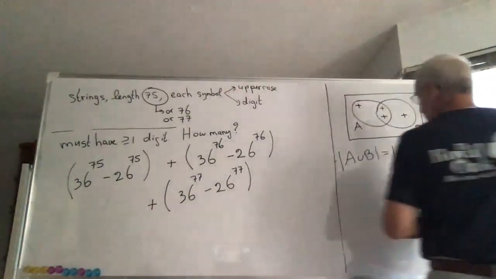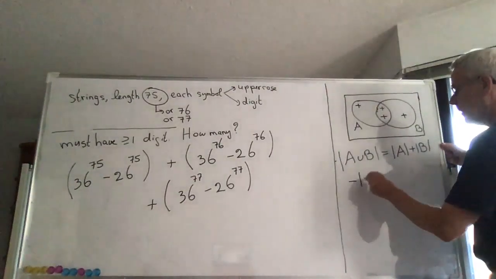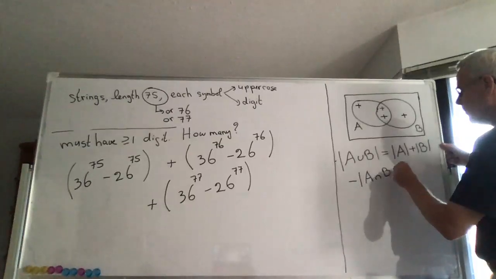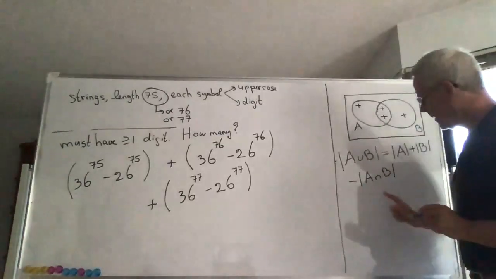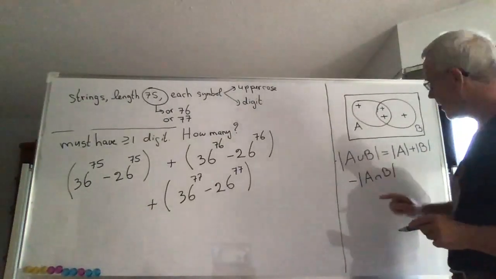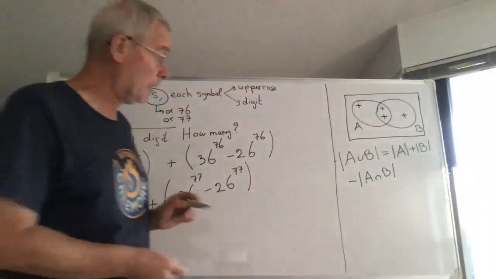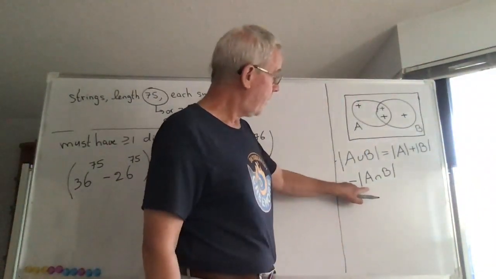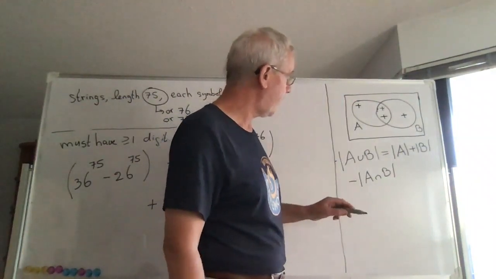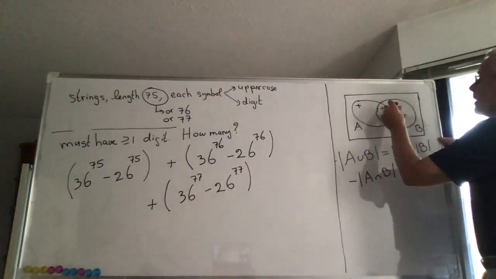So in order to get a final answer, the size of the union, we're going to subtract the size of A intersected with B. Okay, so this was union, elements that are in A or in B. This is the intersection. These are elements that are in A and in B. So here we subtract elements that are in the intersection of A and B. So in this picture here, we get a minus sign.